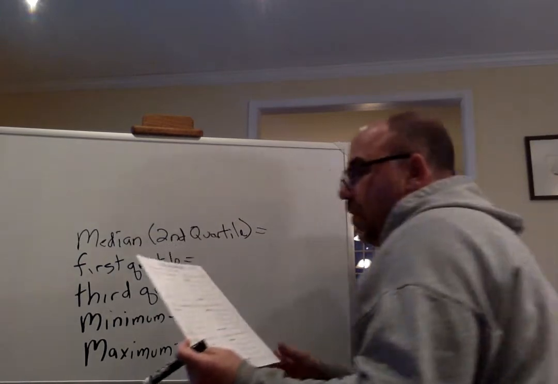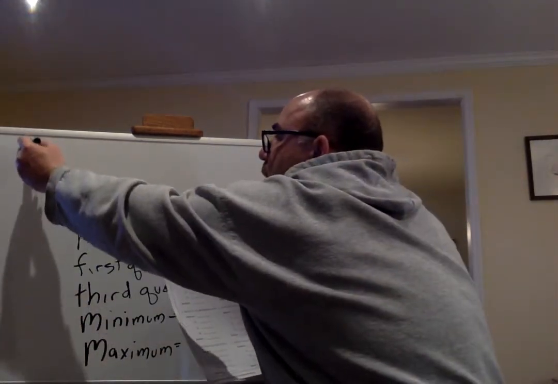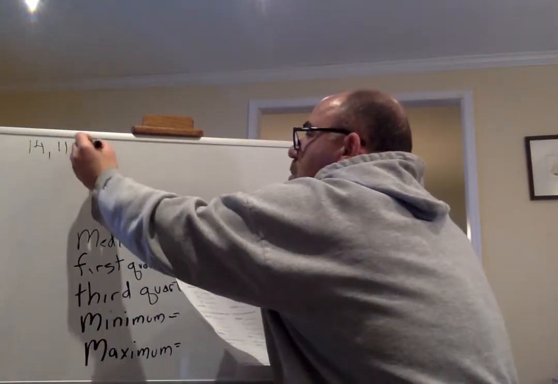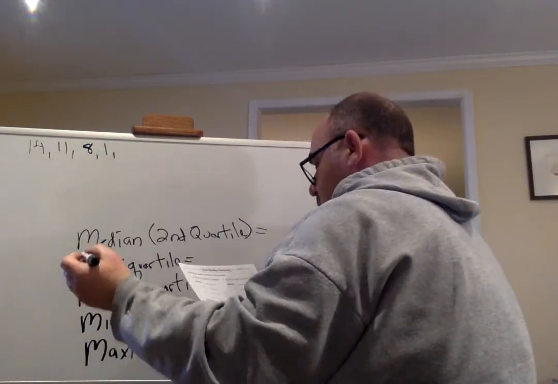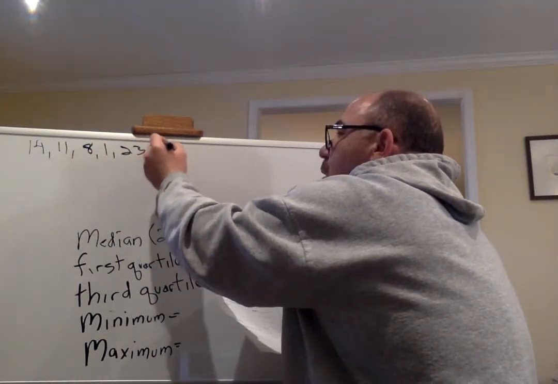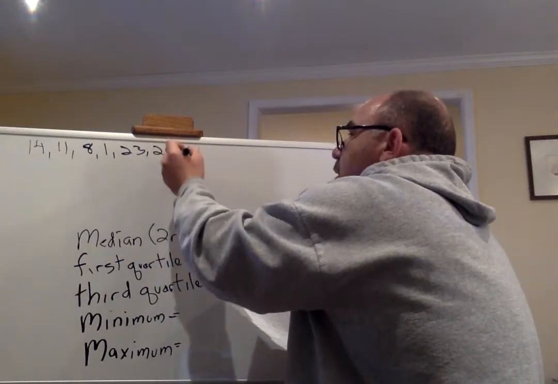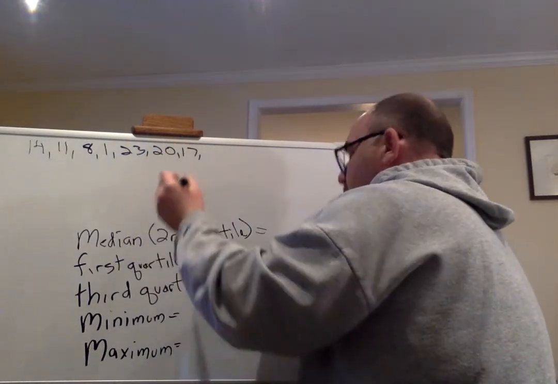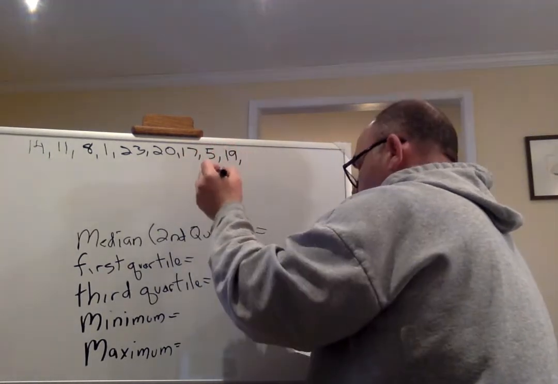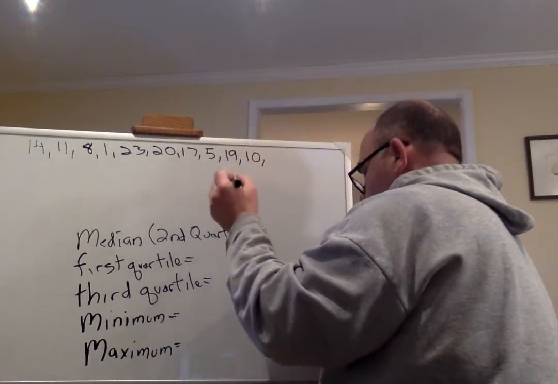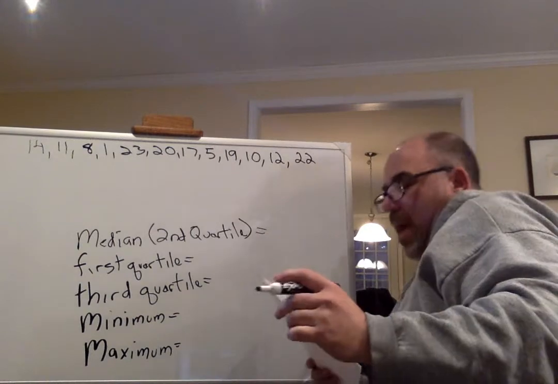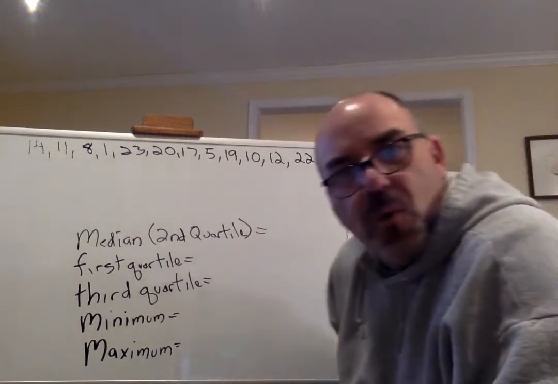The numbers that I have are 14, 11, 8, 1, 23, 20, 17, 5, 19, 10, 12, and 22.